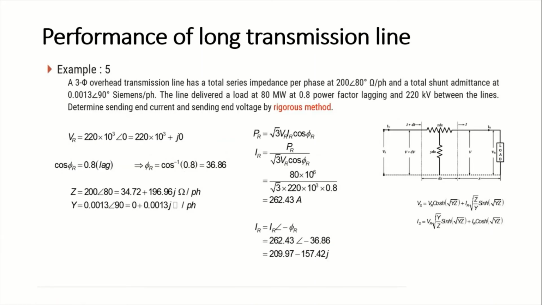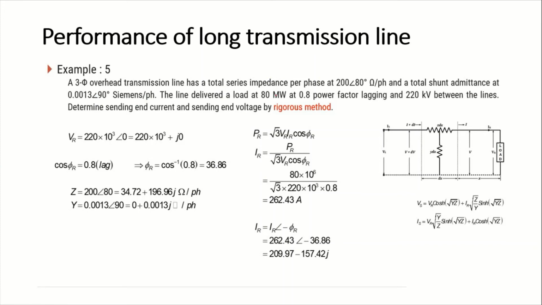Now the rigorous method can be understood better by using one example. A three-phase overhead transmission line has a total series impedance per phase of 200 angle 80 degrees ohm per phase, and total shunt admittance of 0.0013 angle 90 Siemens per phase.